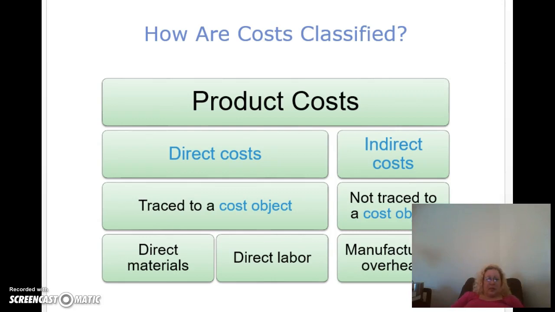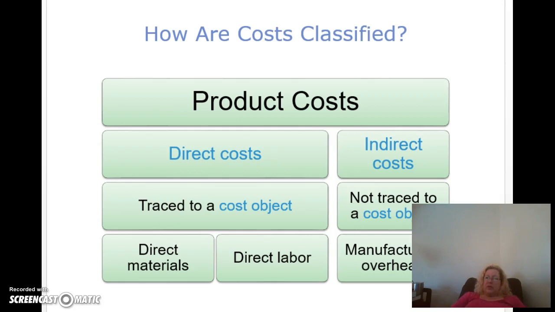So the example given was the production supervisor. That's an indirect cost. He manages the factory operations, and that manager is necessary. He's not directly involved in producing and making the product, but he is necessary, so he's indirectly responsible.